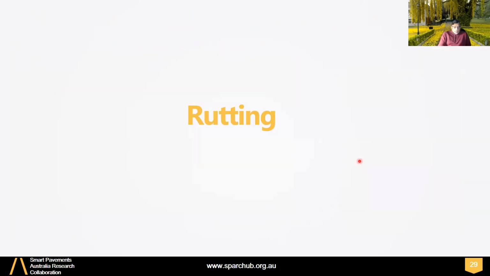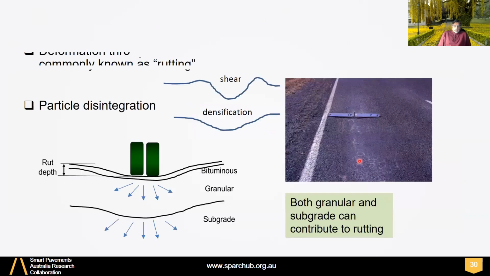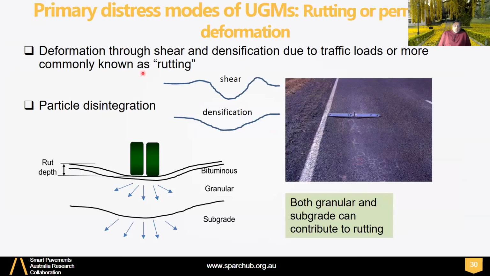So next topic is rutting. So rutting is the performance criteria for UGM and subgrade materials. We discussed rutting last time, and we can get shear-induced rutting or densification, volumetric densification. So when you have densification, we see this kind of shape. When shear, you can get heaving as well, but it could be a combination of both.